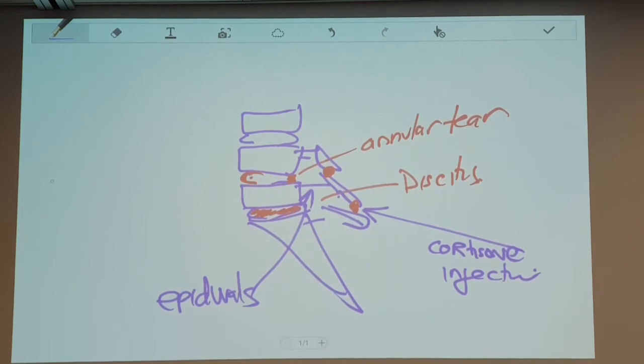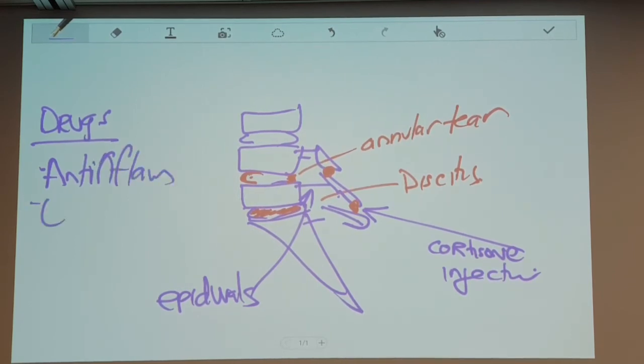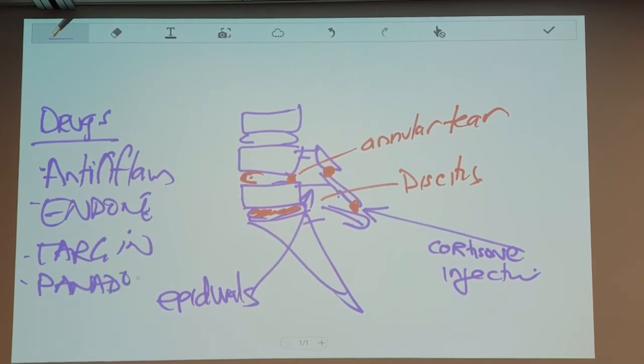They may be taking a host of drugs such as anti-inflammatories, endone, Targin, Panadol, Nurofen, Mobic, Celebrex, they're all the common ones. And it really is ineffective. It doesn't work.